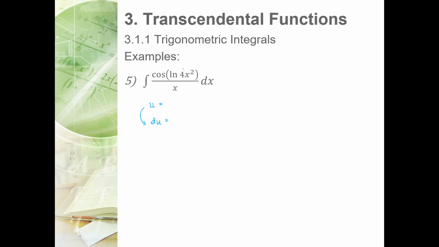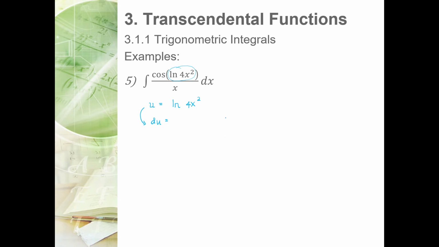Okay, so for me to be able to look at it in a simpler manner, I want to eliminate ln 4x squared, so that later when I make the substitution, I only get cosine u, right? I won't be dealing with ln 4x squared. So let u be equal to ln 4x squared.